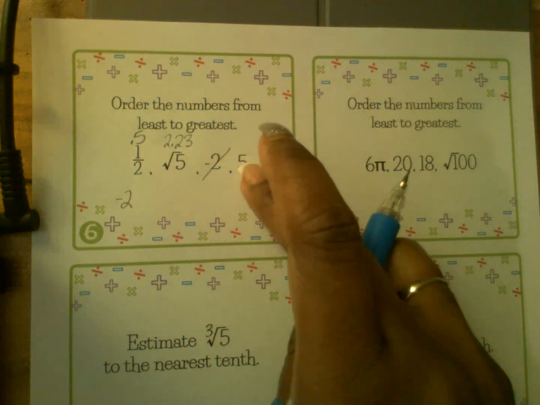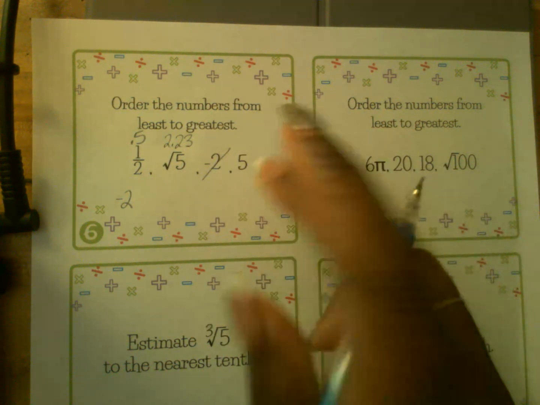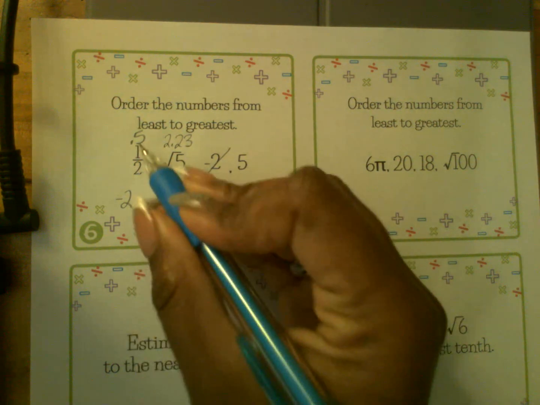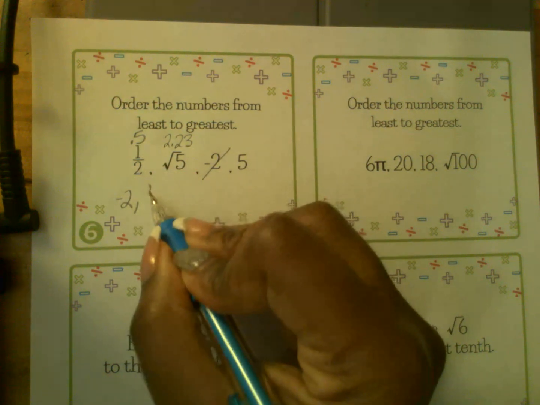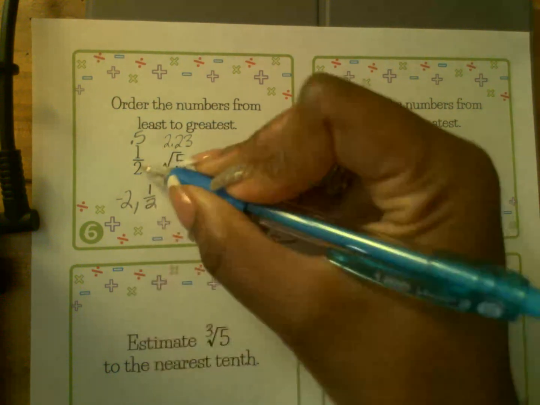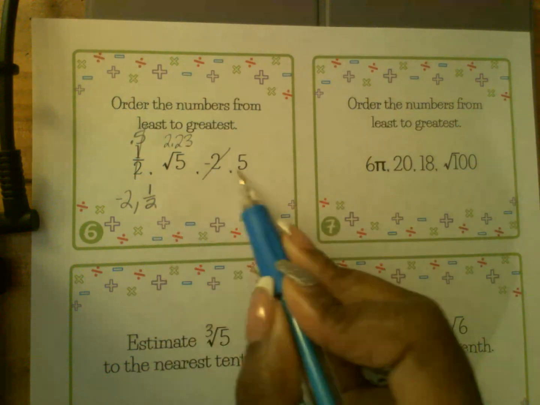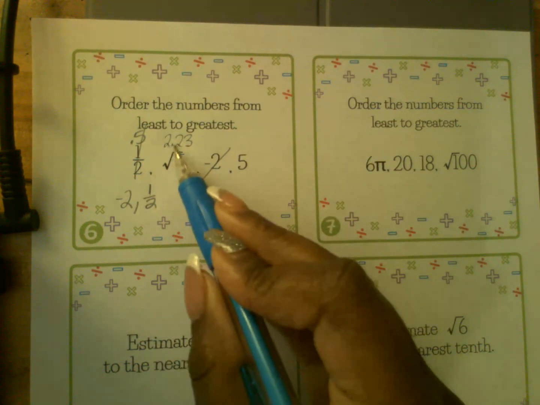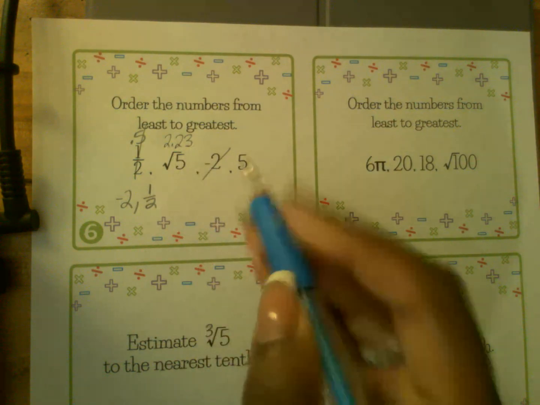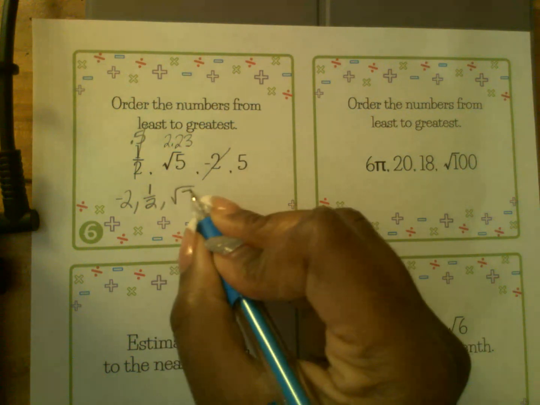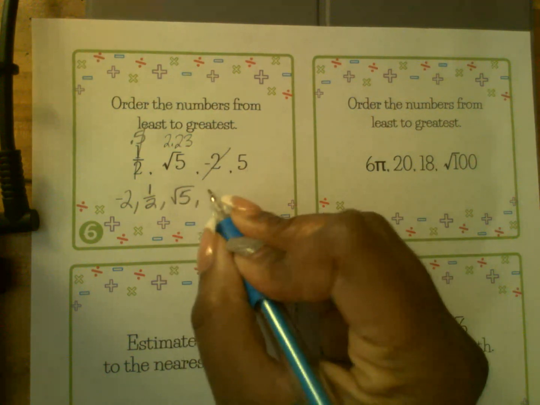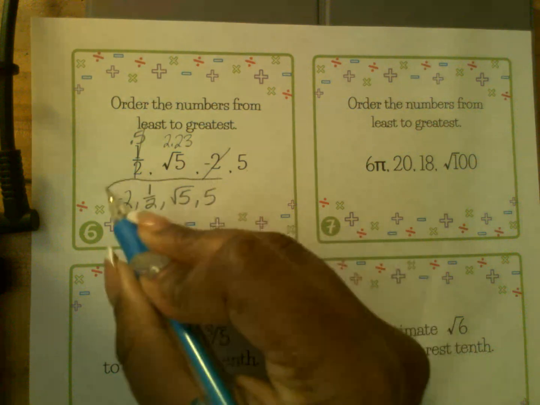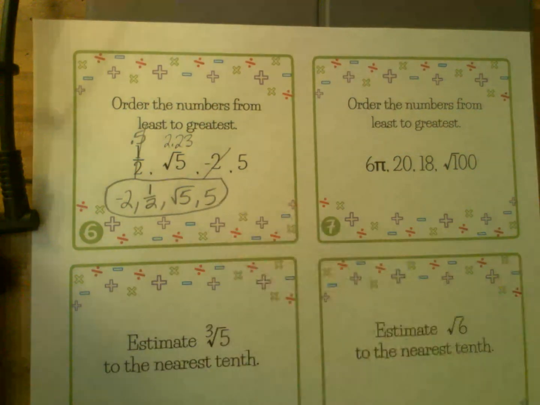And then this one is 5. So the next number is going to be the 1/2. Okay. So we got 1/2 is next. Then the next between these two is going to be 2.23. That's smaller than 5. So it's going to be the square root of 5. And then the largest number is 5. So this is the answer from least to greatest.